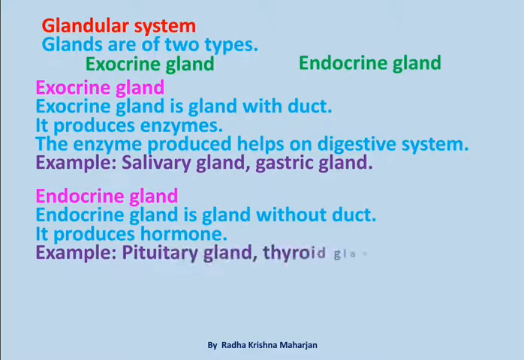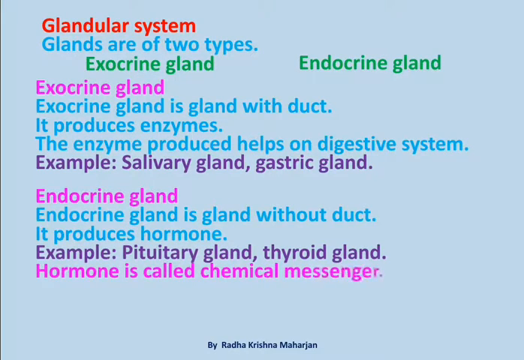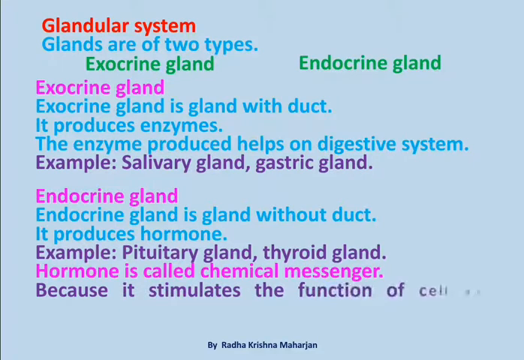Example: pituitary gland, thyroid gland. Hormone is called chemical messenger because it stimulates the function of cell and glands of the body.